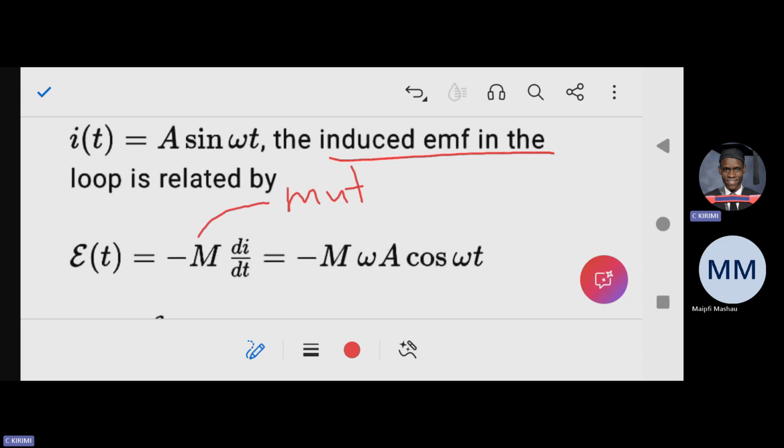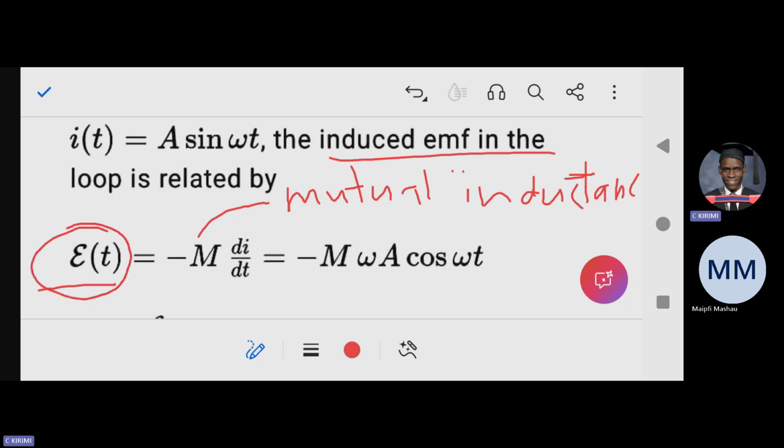Here we started with the induced EMF. So this one is the mutual inductance. M is your mutual inductance. Whenever you see M, you know it's the mutual inductance. And how do you relate this EMF to the mutual inductance?